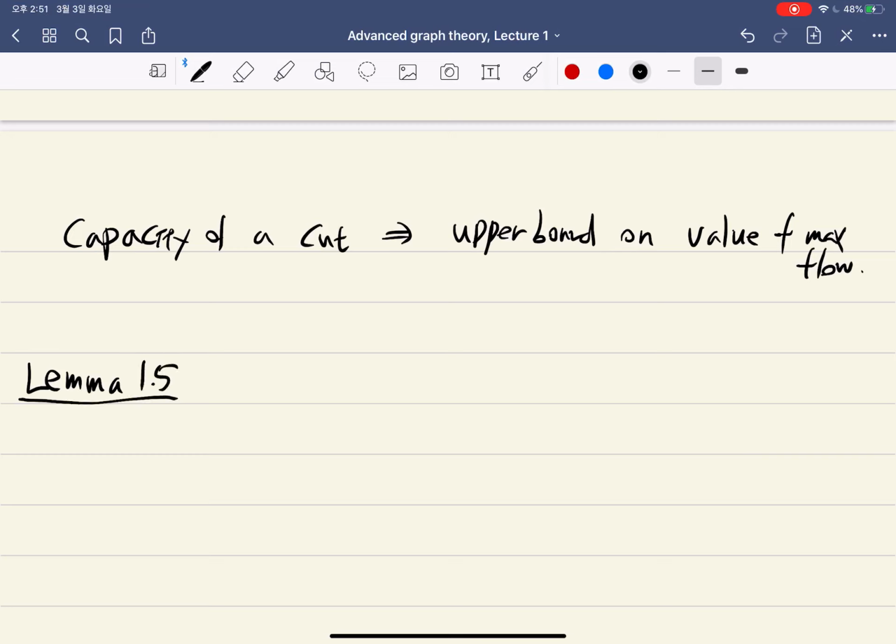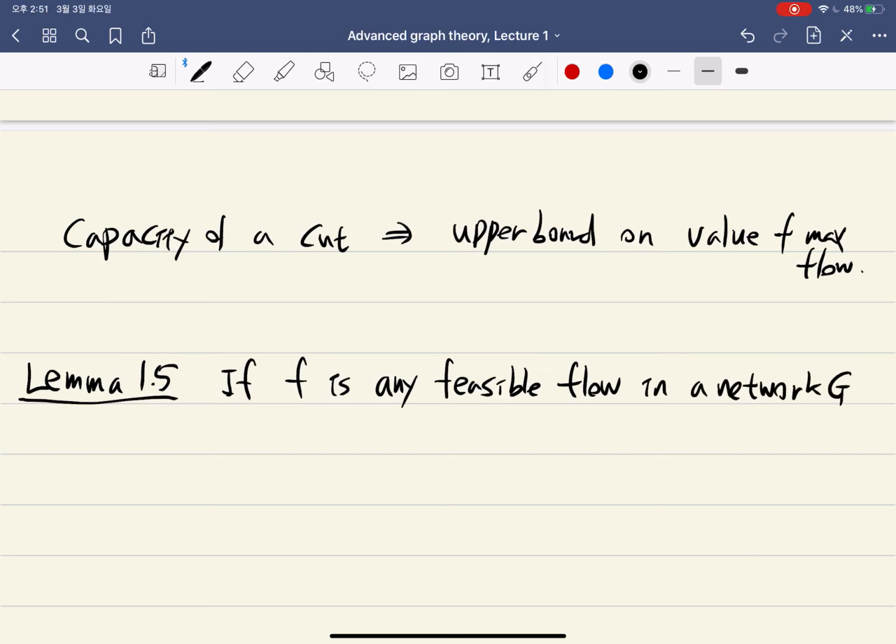So this is captured in Lemma 1.5. If f is any feasible flow in a network G, and oftentimes if we say flow, let's just assume it is a feasible flow.